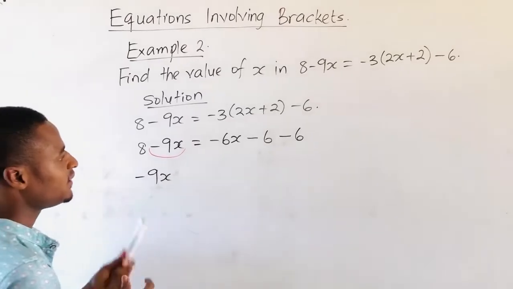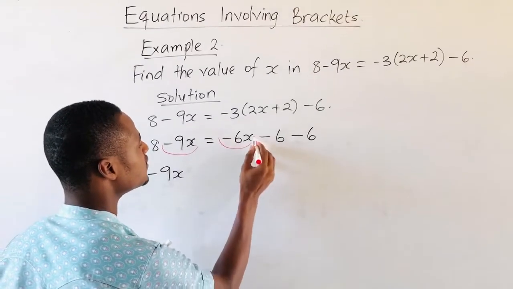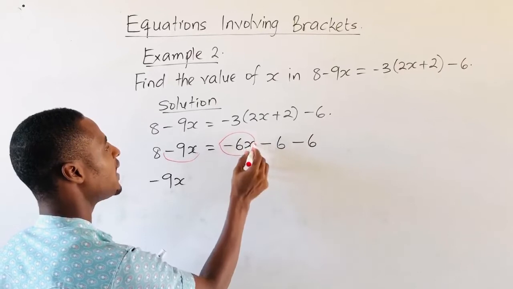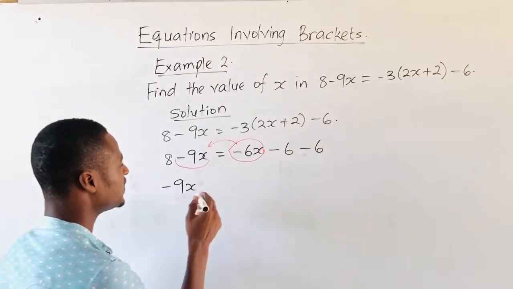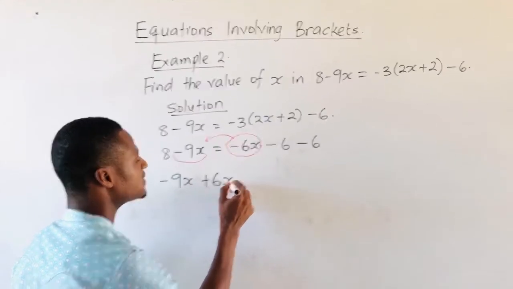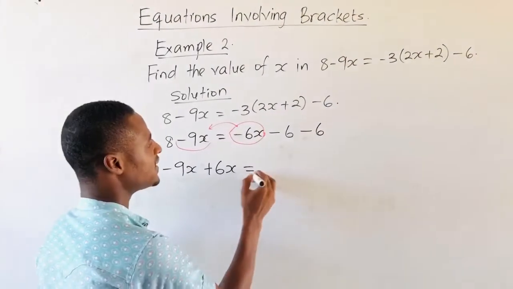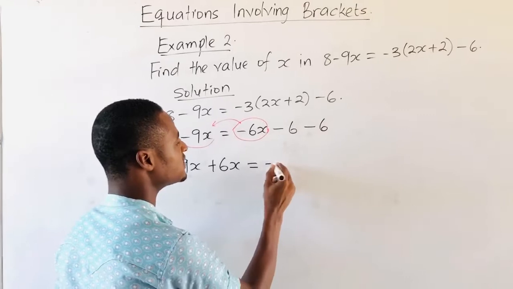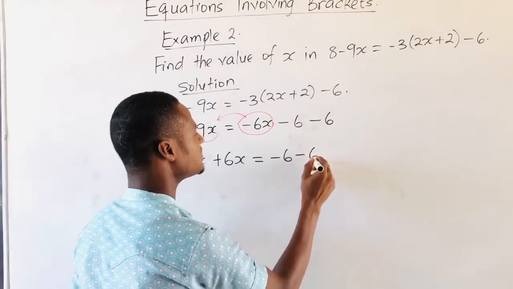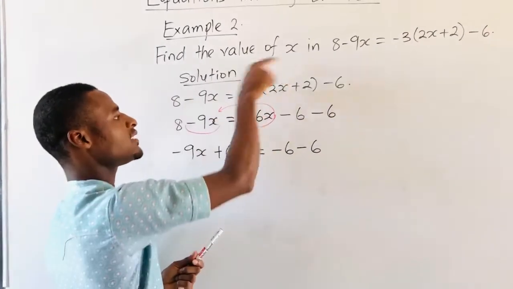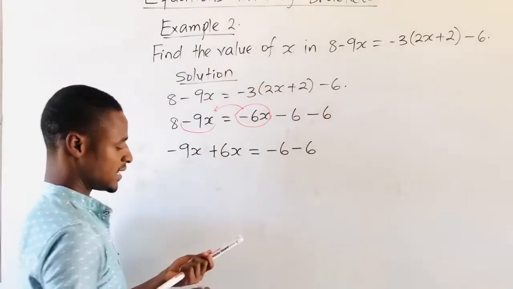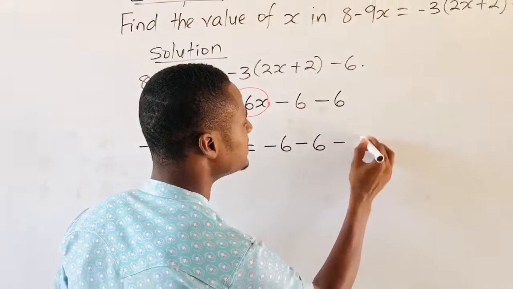Then negative 6x, which is also a variable term, will have to cross the equal sign to the left-hand side, and then it becomes positive 6x. At the right-hand side, we have negative 6, and then 8 at the left-hand side will cross the equal sign to the right-hand side, and so it becomes negative 8.